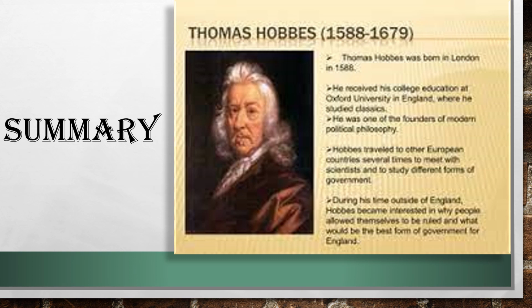Hobbes starts with natural rights of individuals, but restricts them to found a viable civil society. He restricts the natural liberty of man, but does not espouse the individual's right to restrict the authority of the state.